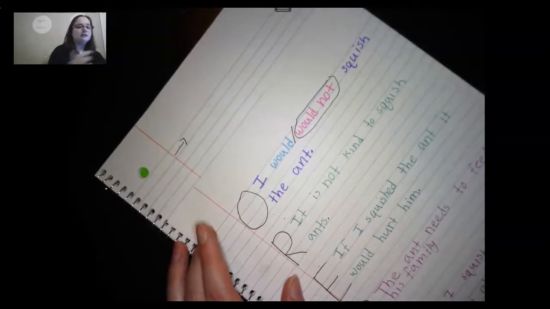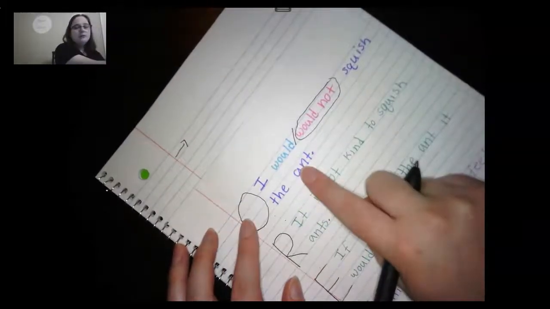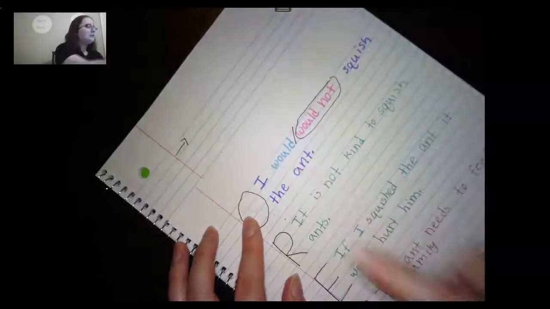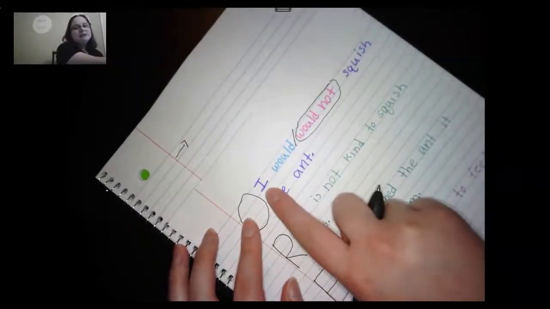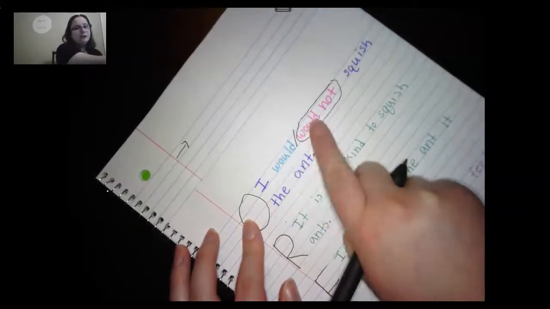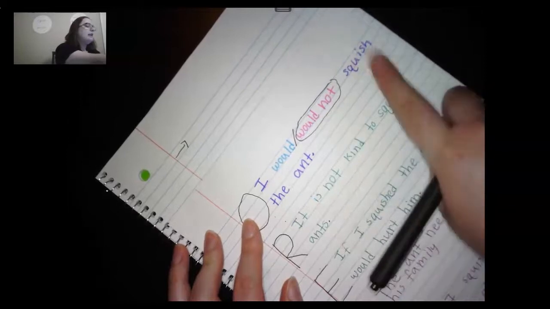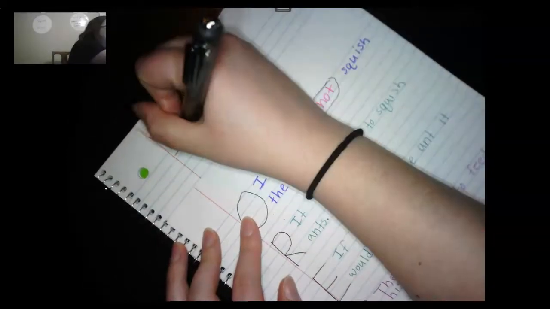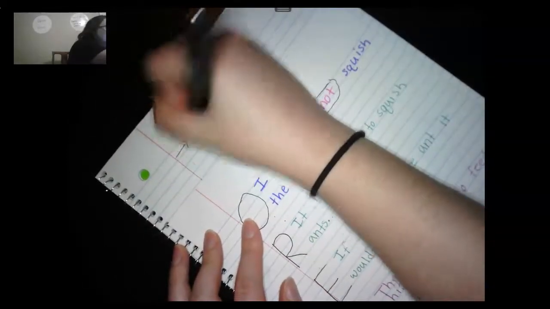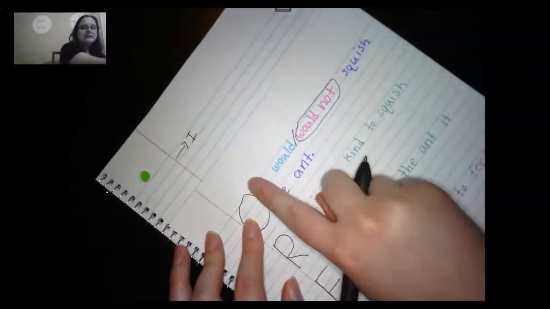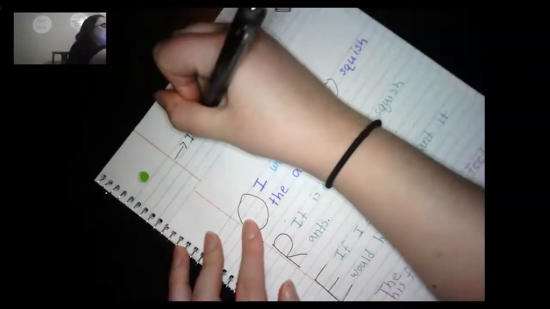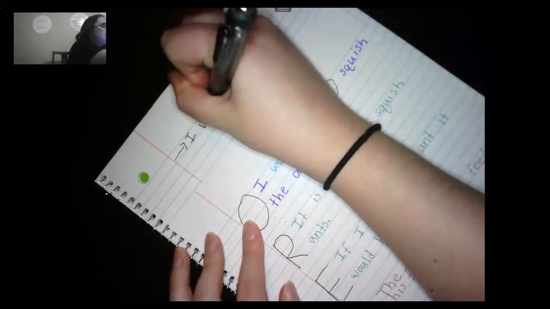And then all I'm going to do is copy what I wrote on my graphic organizer. So I wrote, and mine's a little different because you guys should have wrote would or would not, but I put both so you guys could have them. So I'm going to write, I would not squish the ant. And I have my capital I, just like I did down here. And I have my nice finger spaces.